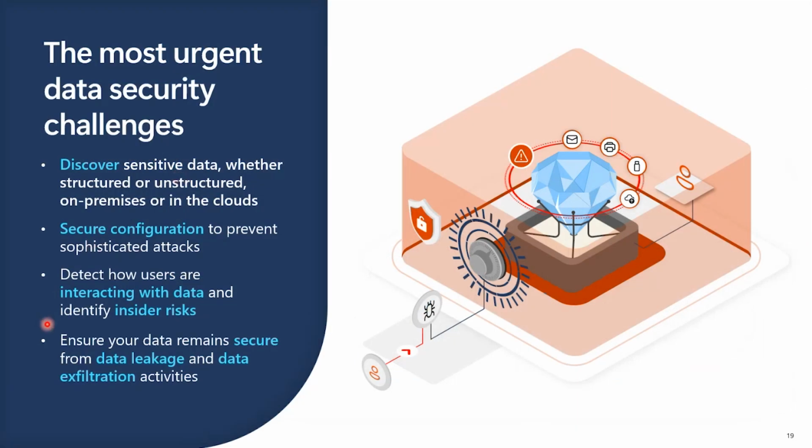I love this little picture because it really explains the whole crux of the matter. Typically, we're always focusing on someone from outside coming in legitimately or illegitimately, through a virus or a ransomware, coming into our 365 tenant, trying to access our information. But in reality, it could be someone that's already internal to our organization, who wants to access the information or who has access to the information.